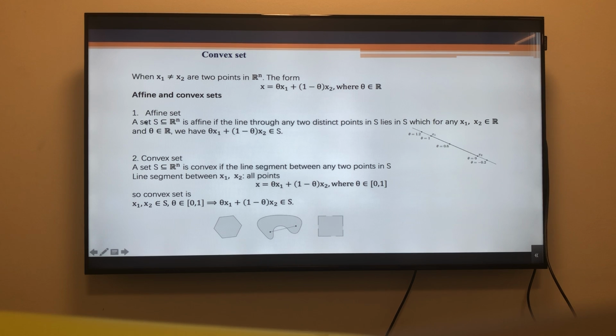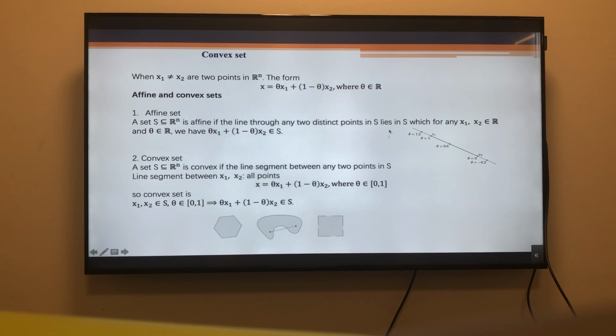First, what is an affine set? A set S in R^n is affine if the line through any two distinct points in S lies in S, which means for any x1 and x2 in S and theta in R, we have this function.